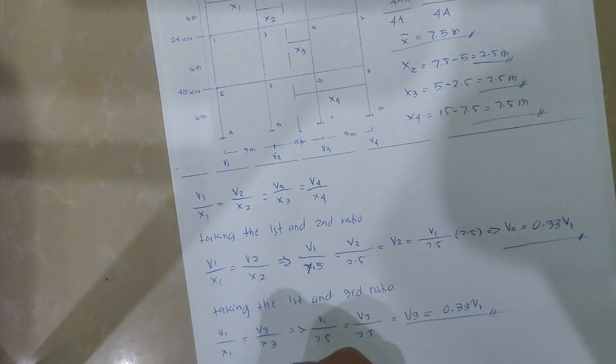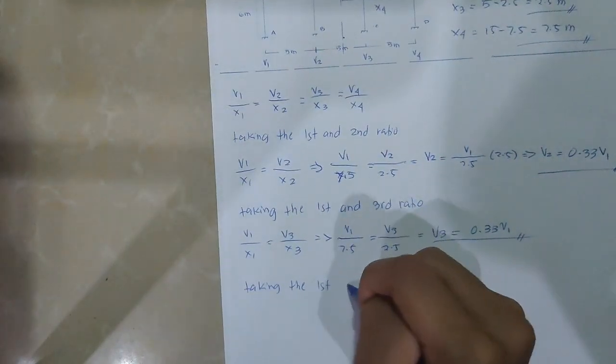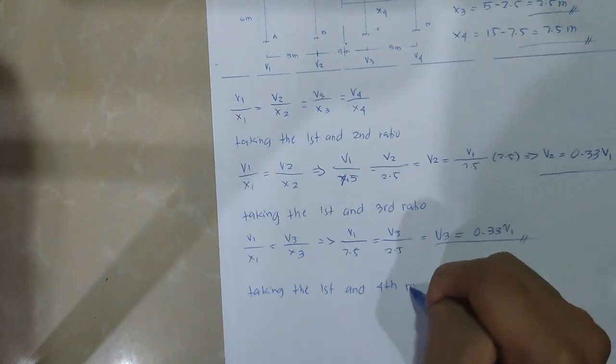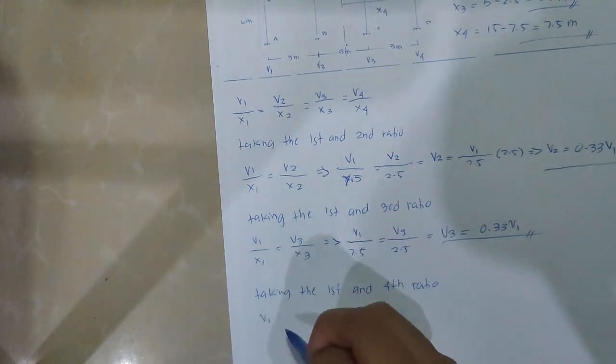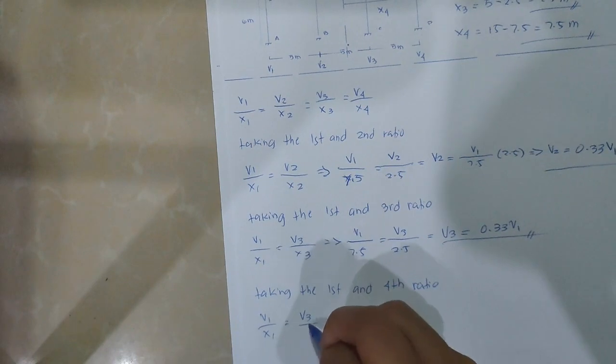And then for V4, taking the first and fourth ratio, V1 over X1 equals V4 over X4.